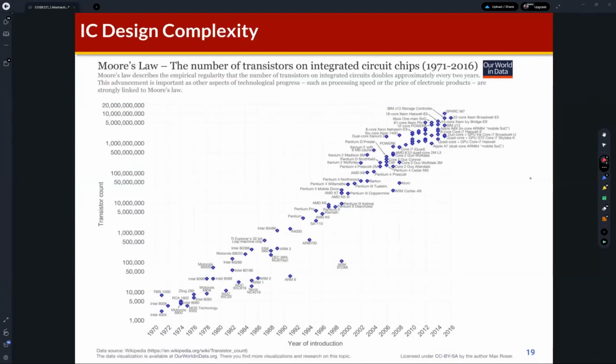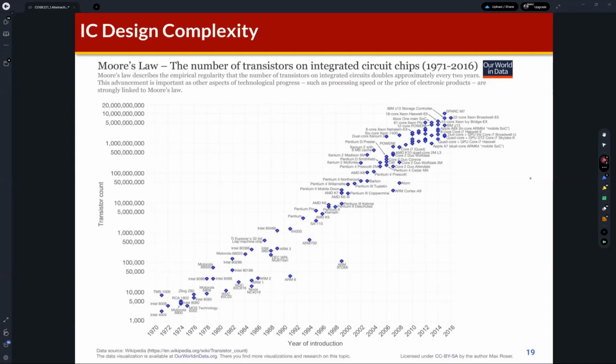So this graph shows the transistor count. The y-axis is the number of transistors in a single CPU chip, and the x-axis is the years.